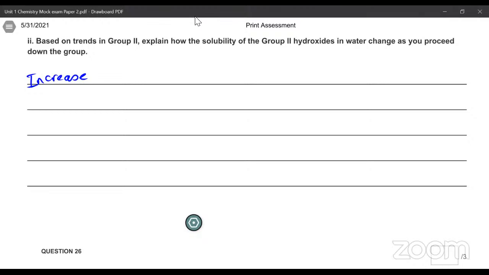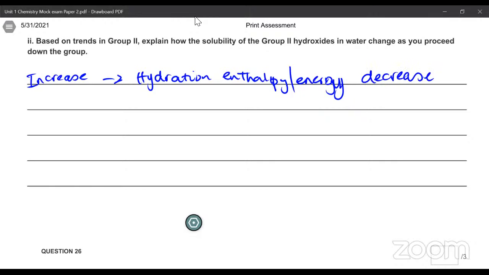And this is because the hydration energy or the hydration enthalpy, whichever word you want to use, you can use energy, enthalpy, whichever one you prefer, nobody really cares, decreases, right? It decreases going down the group.